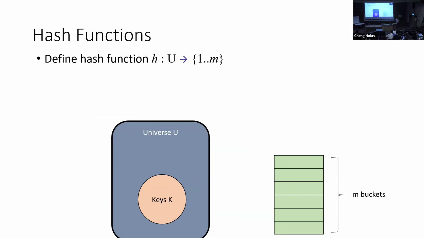We use something called a hash function. A hash function is a function to convert all your possible keys into a position in the list. That is the position. For example, just now, if my hotel has 1,000 rooms, I have a function.